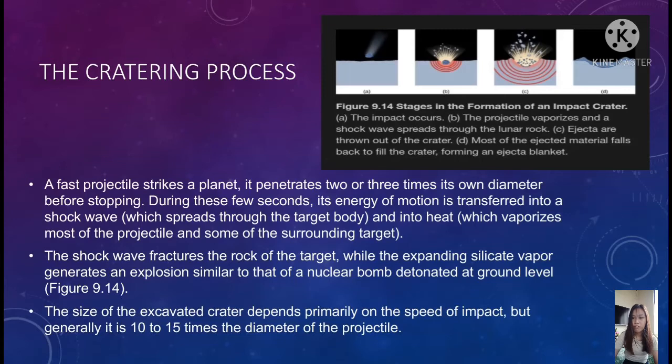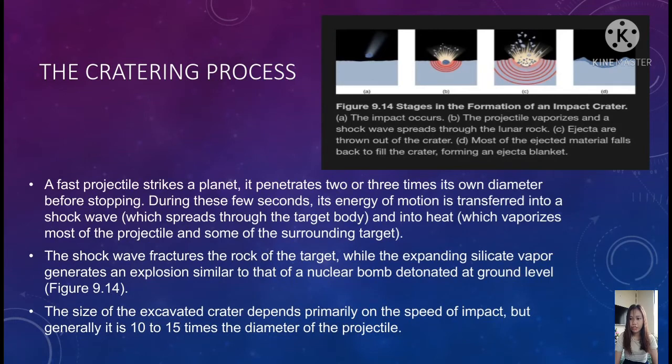The shock wave fractures the rock of the target while the expanding silicate vapor generates an explosion similar to that of a nuclear bomb detonated at ground level, as you can see in figure 9.14.